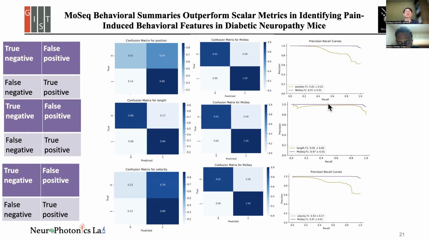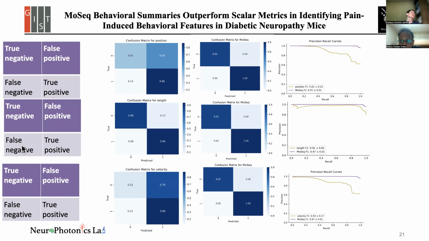But I don't understand why there are many. Recall is the parameter here. How many recalls are here? 3. But there are many data points. This one, I want to compare the motion sequence method with the scalar method, including position, length, like that, and then compare their true sensitivity, how they identify the pain induced.